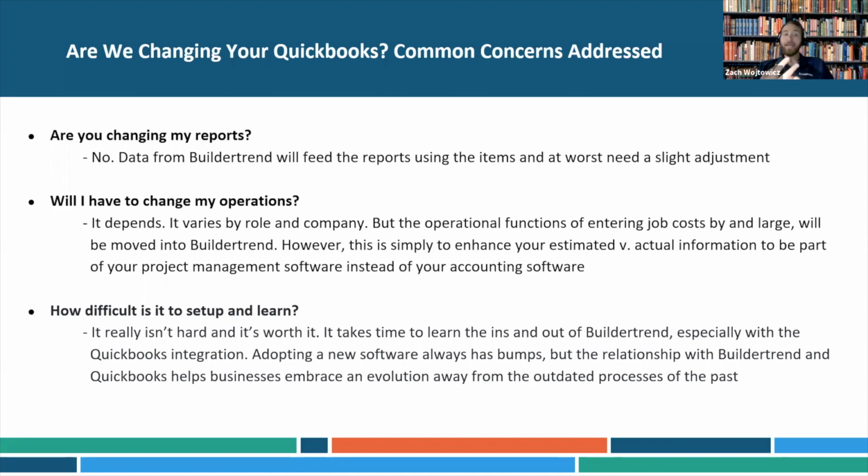What is that information telling you is the key thing. So if that means your bookkeeper is now having to move to putting bills into Buildertrend, but your project manager is able to look at the budget in real time and see that without needing to ask the bookkeeper to run the reports, right? Have a QuickBooks login and learn that software. I don't look at that as an operational change. I look at that as a reallocation of how people are doing their job.